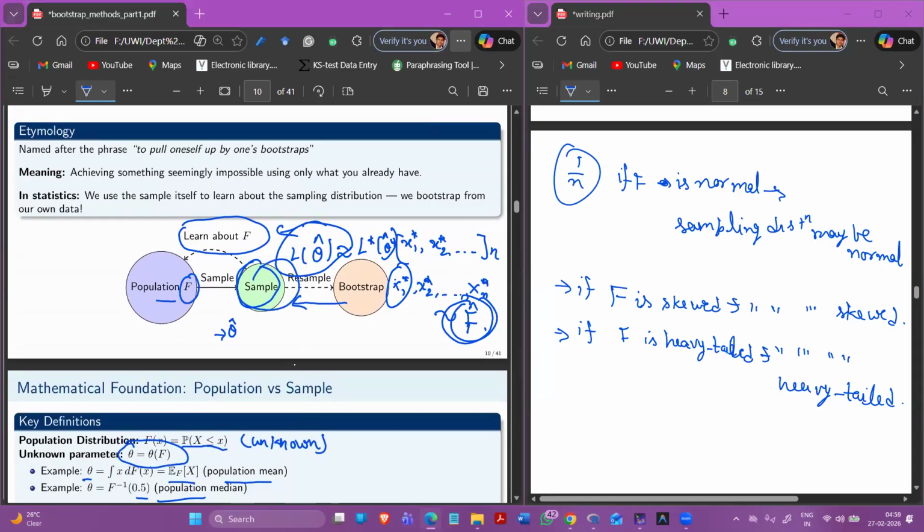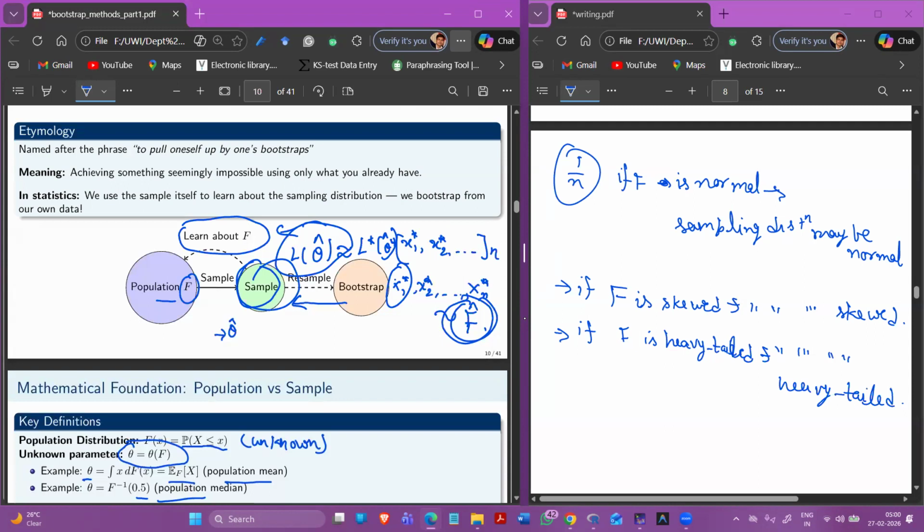If the population is normal, whatever CDF we generate from the bootstrap resampling should be normal. If the distribution is positively skewed, the sample distribution should be positively skewed. If it is heavy tailed, the sample distribution should be heavy tailed, right?